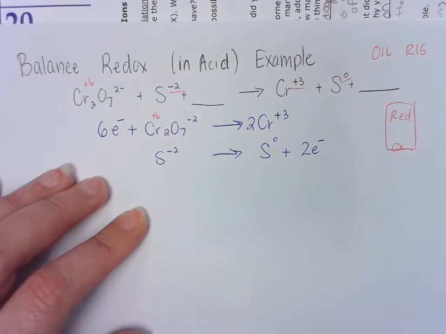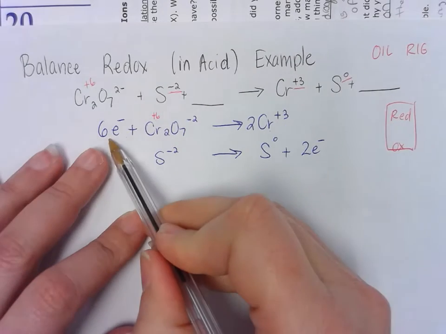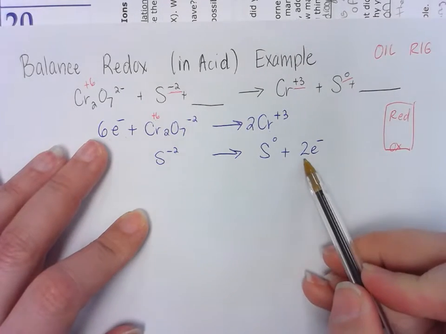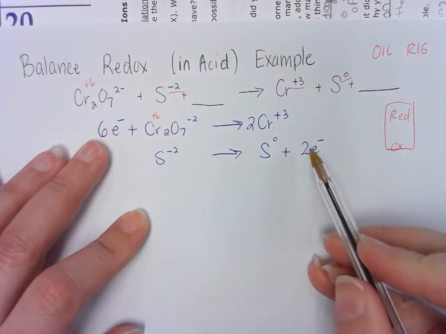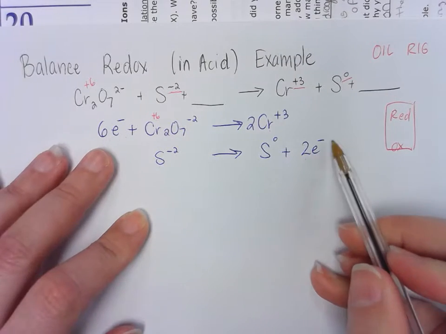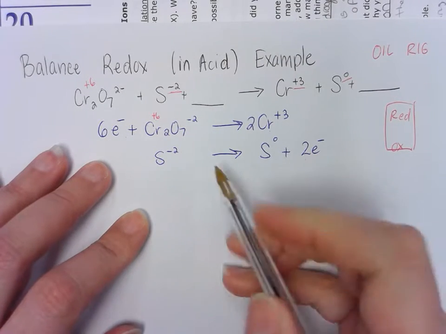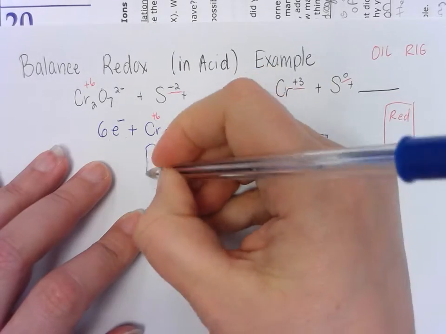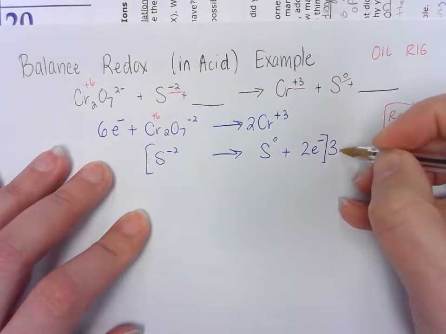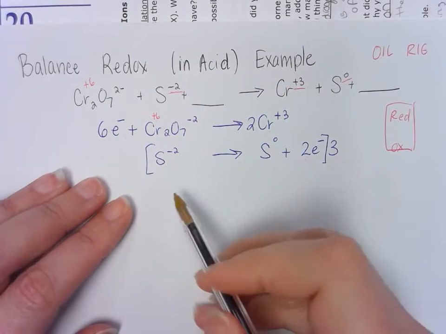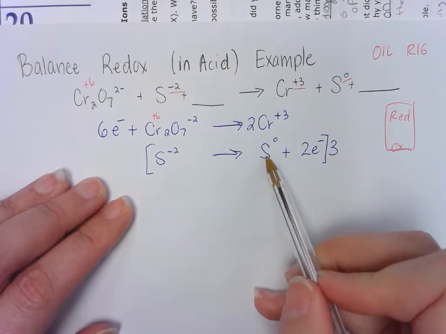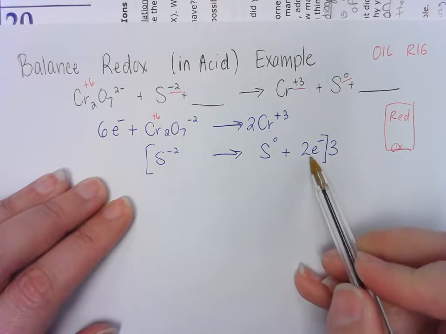Alright, next step, we need to make sure that our electrons are balanced. I have 6 electrons in the first half, and I have 2 electrons in the other half. So in order for them to be the same, I can multiply this line by 3. If I multiply this entire line by 3, I would have 3 sulfur atoms and 6 electrons.